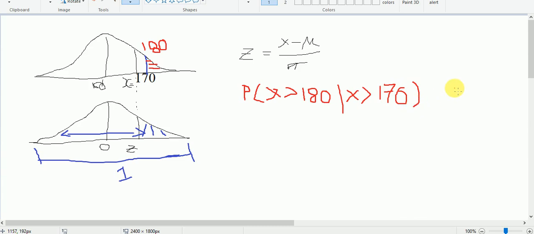So it's a conditional probability, and we already know the formula for conditional probability.